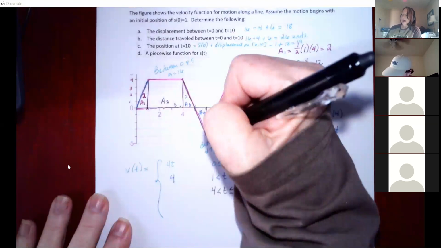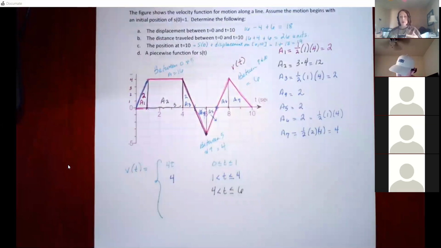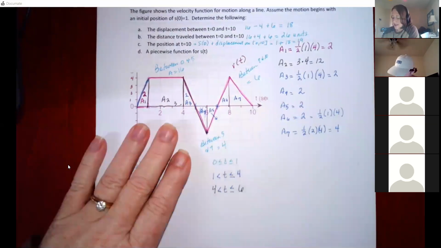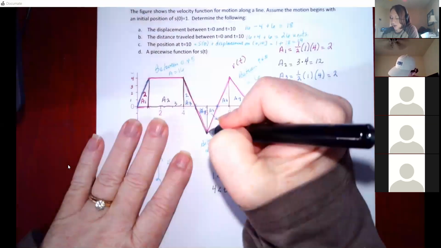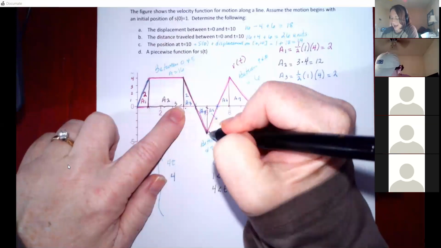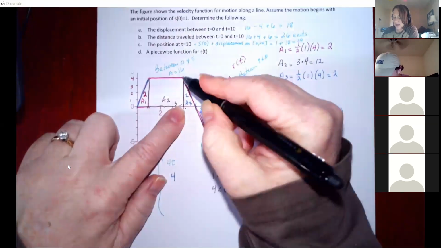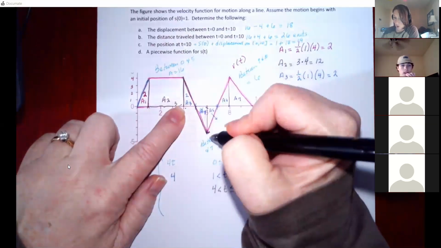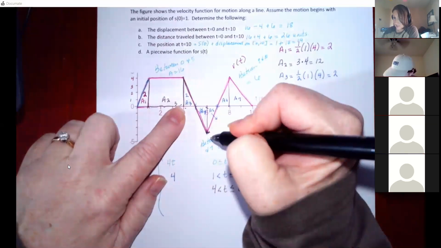Remember, as long as you know the slope and one point on the line, you can figure out the equation of a line. So what's the slope of this line? Well, we go right 1, 2, and we go down 8. So the slope of that line is -4. Does that make sense?